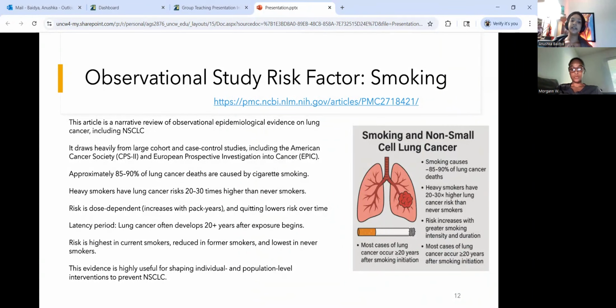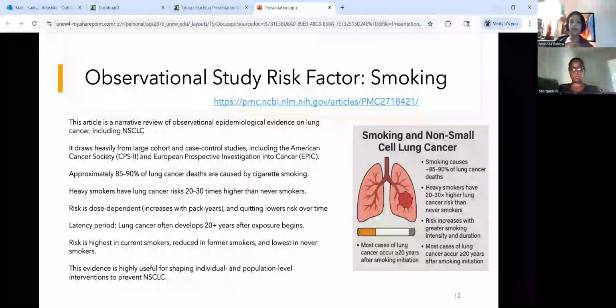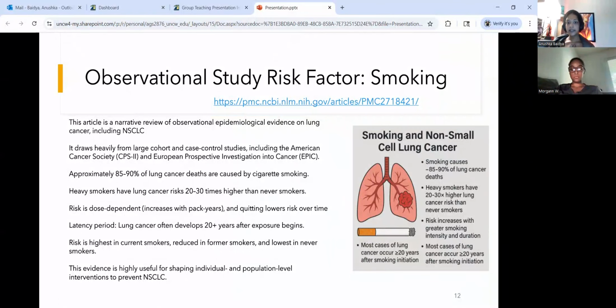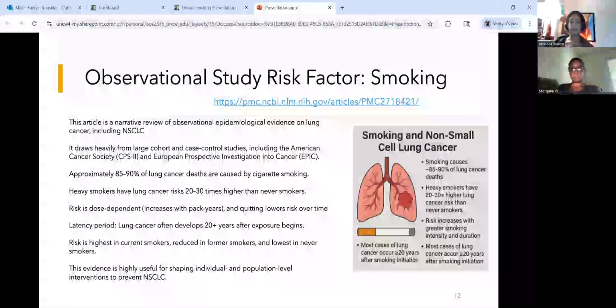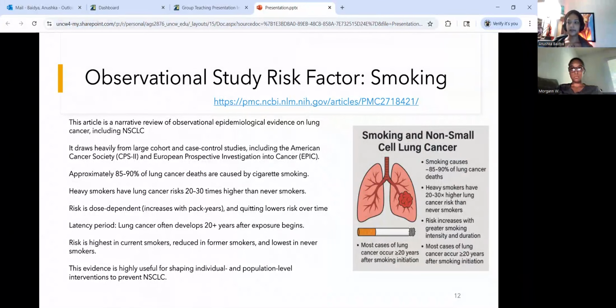So they found that the risk is dose dependent and increases with pack years, and they found quitting lowered risk over time. So they did find a dose response association with this. Saying cause is not really accurate, but from all of their findings, it gives pretty good evidence to it being a pretty big risk factor in causing it.